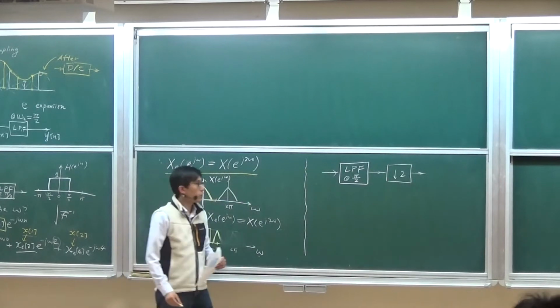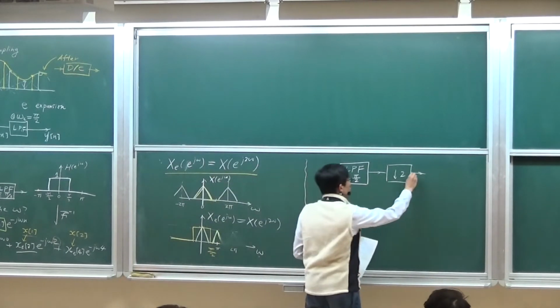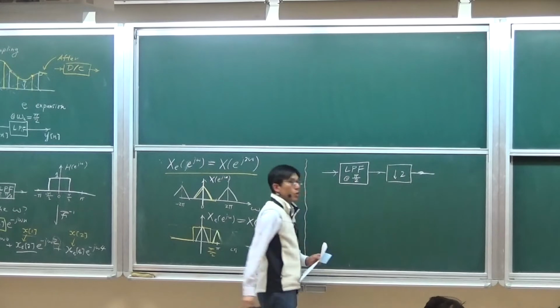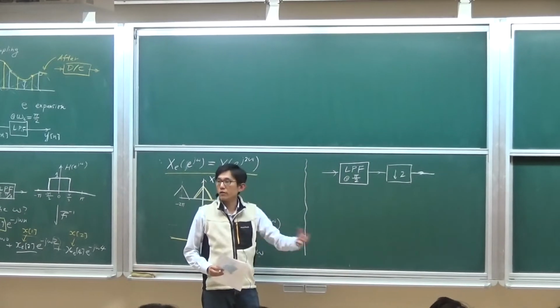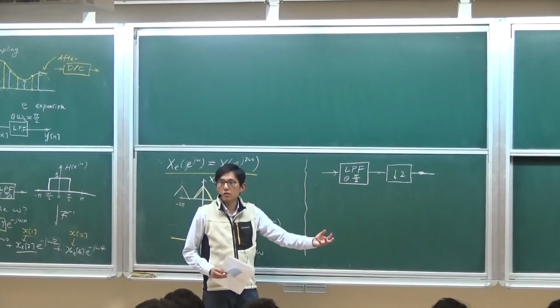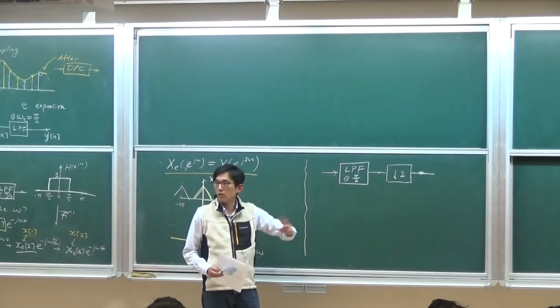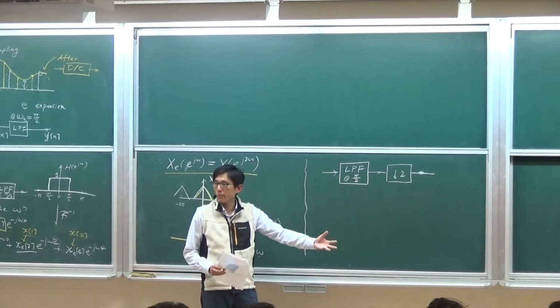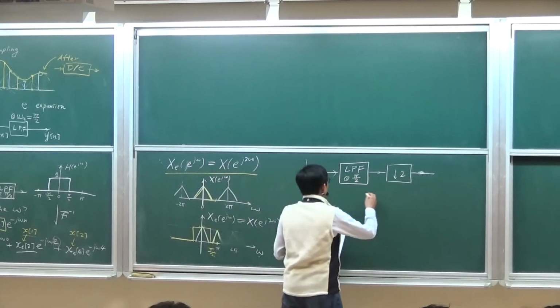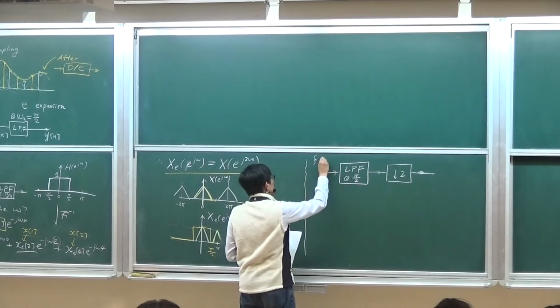And then only after that, we can just freely pick every other sample and drop half of them. Okay? So that's downsampling by 2.